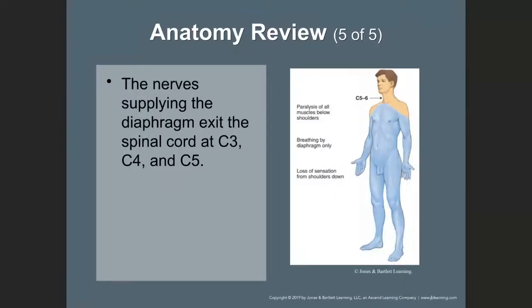The nerves supplying the diaphragm exit the spinal cord at C3, C4, and C5. Hence the saying, C3, C4, C5 keeps the diaphragm alive. Paralysis of all muscles below the shoulders is possible if there's damage in that area.